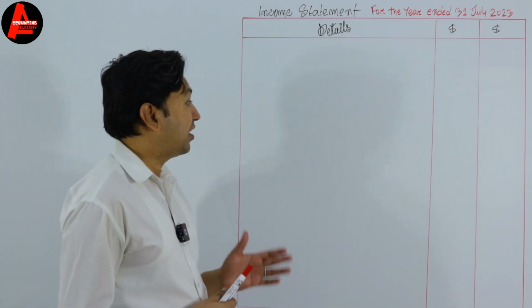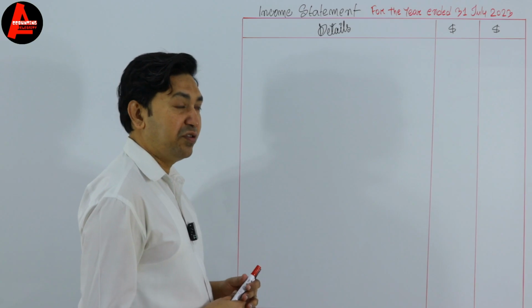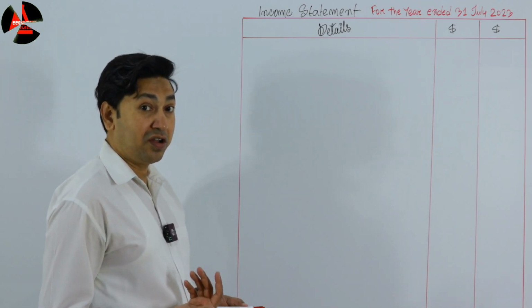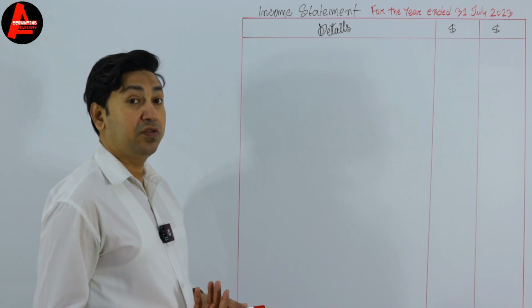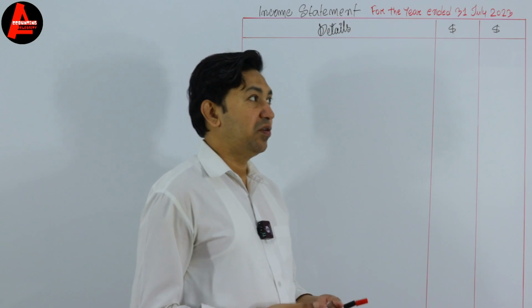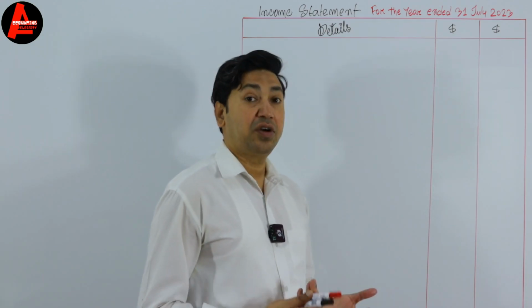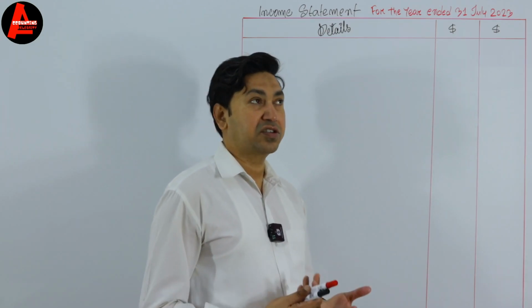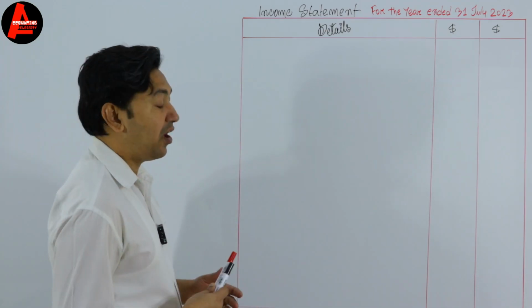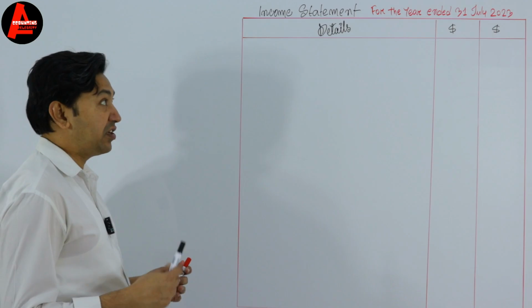Here we will take only finished goods related items. So how to calculate gross profit or loss? First of all we write the sales revenue, and from this revenue we subtract cost of sales, or cost of goods sold, whatever you call it.